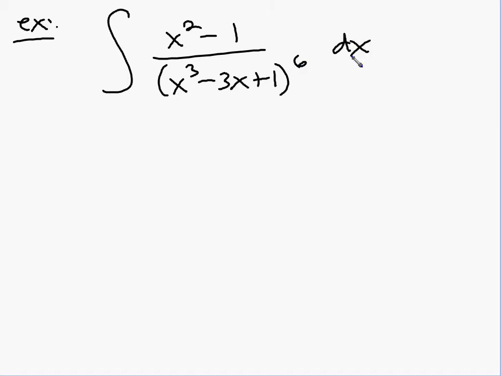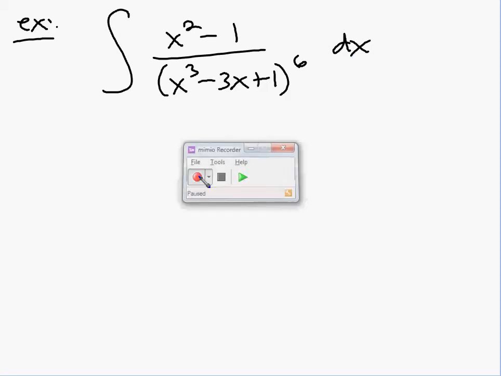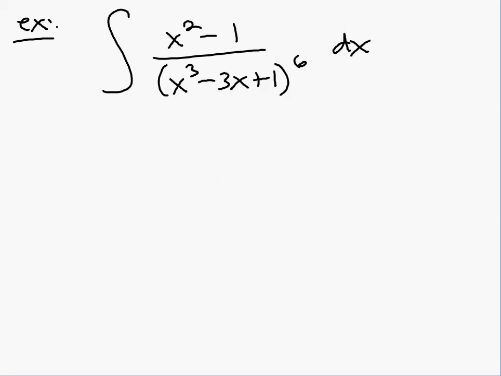I'm going to pause the video and let you see if you can figure out what substitution to make. All right, the substitution I would make is to let u equal this mess, x cubed minus 3x plus 1.